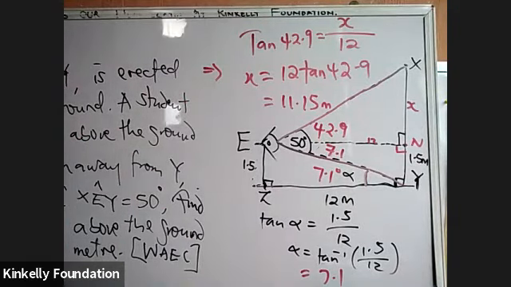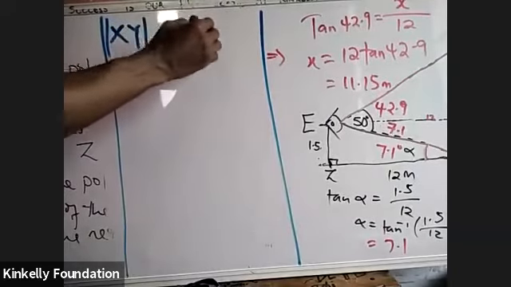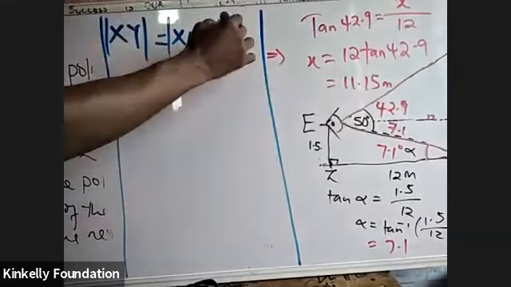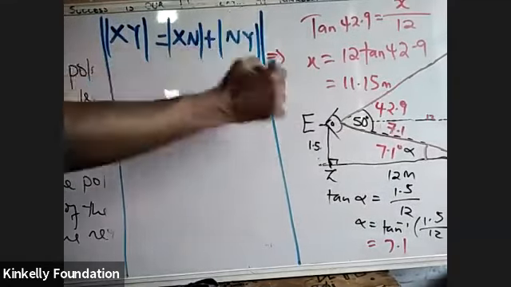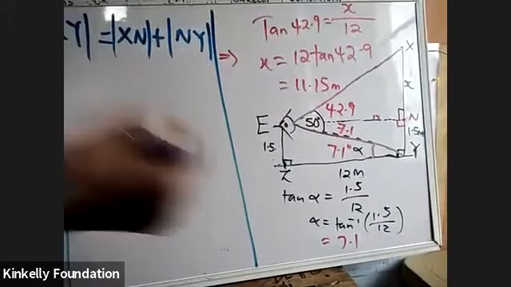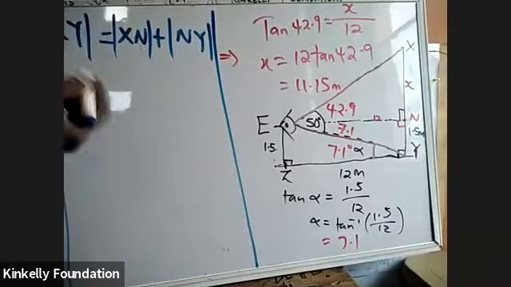So we now come and say length SN plus NY. From our diagram, we notice that NY is 1.5 and SN is 11.15.